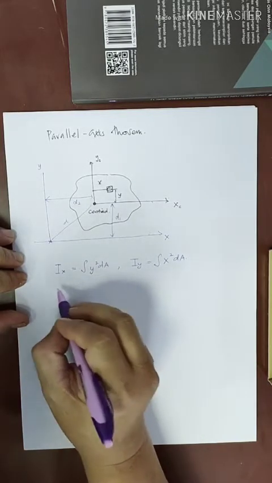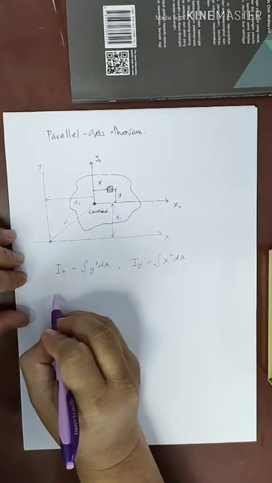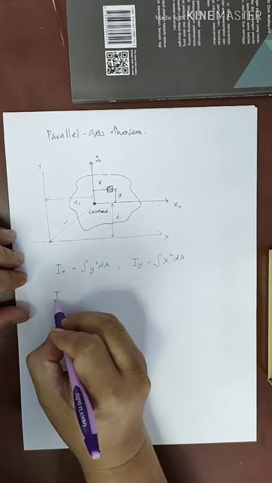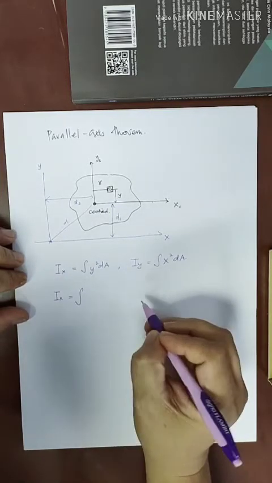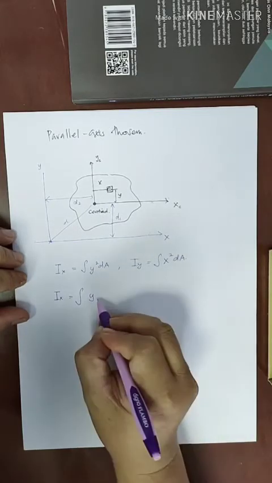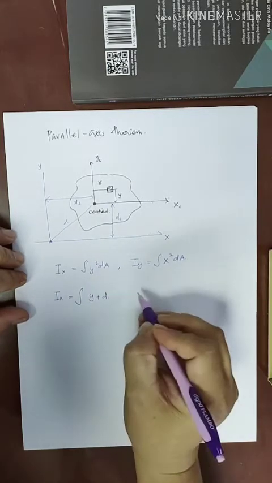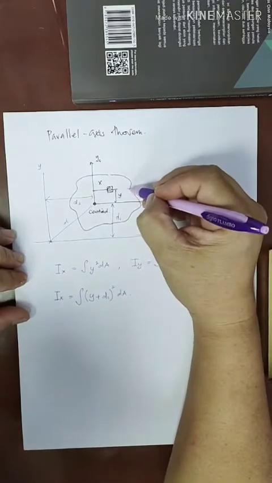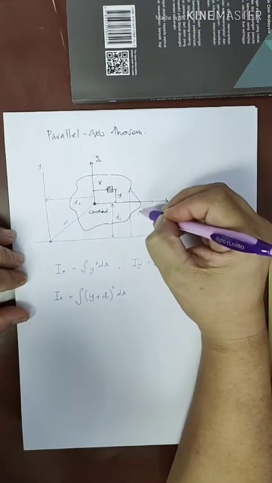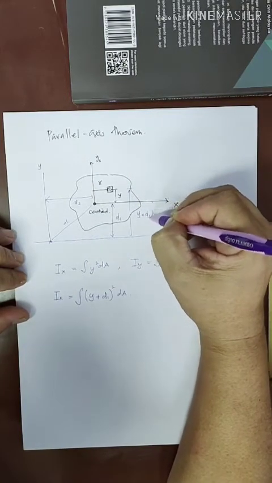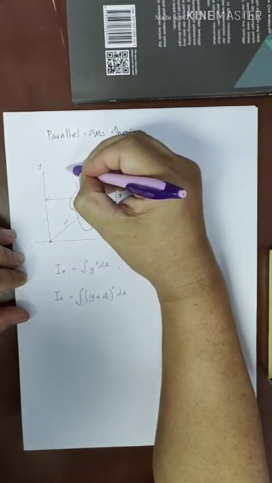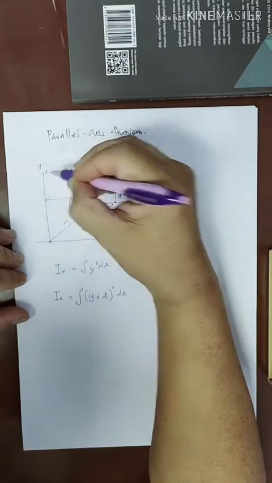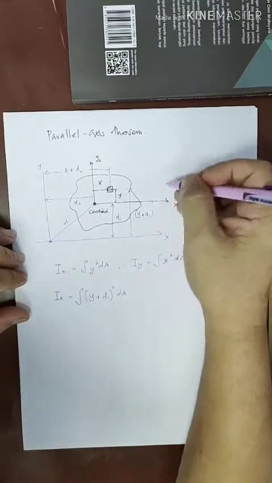By referring to the parallel axis theorem, Ix has become the integration of (y plus d1) square dA, whereas here you have (x plus d2). So this is the parallel axis theorem.